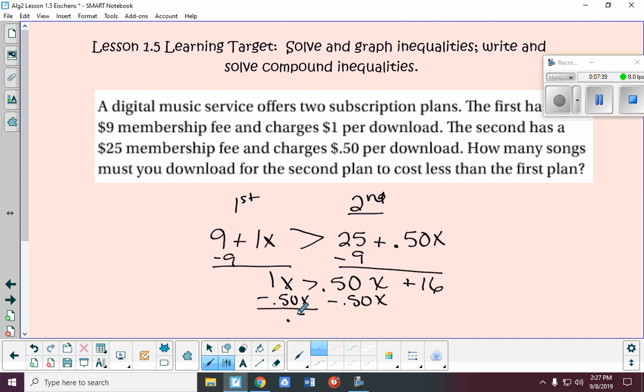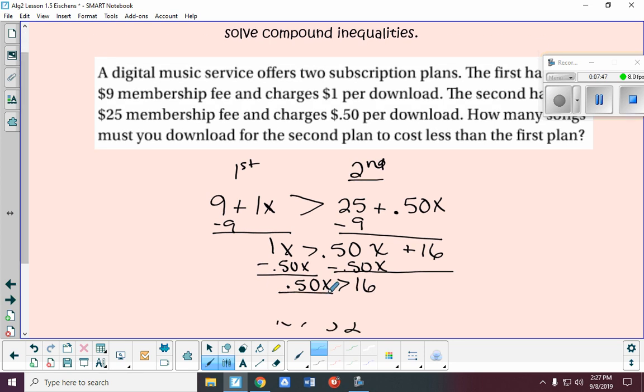That gives us 0.50x is greater than 16. And then lastly, we will divide by 0.5. So x then is greater than 32. So the number of downloads, once it's greater than 32, the second plan will be cheaper.